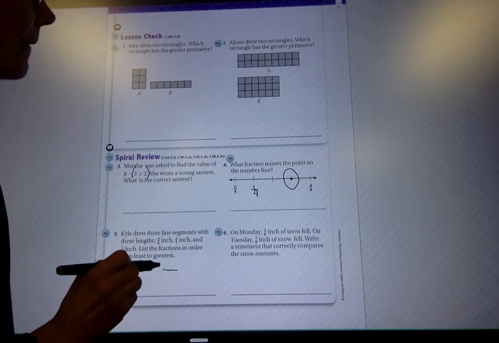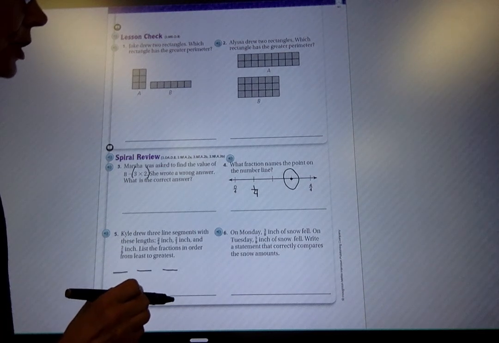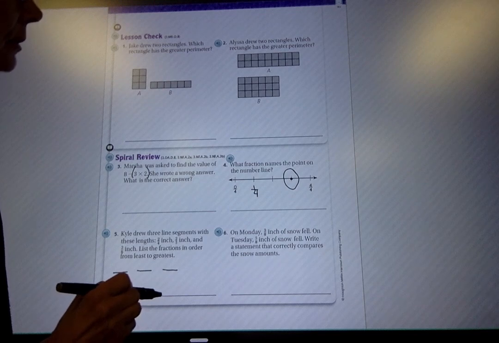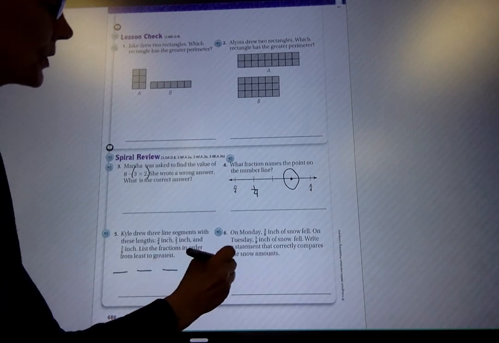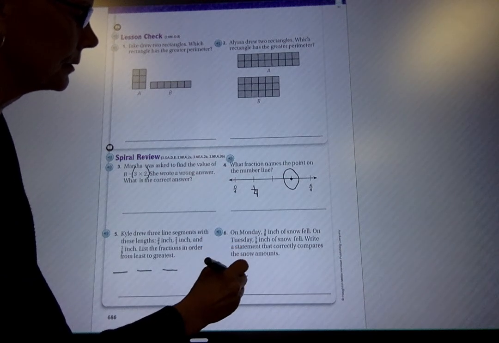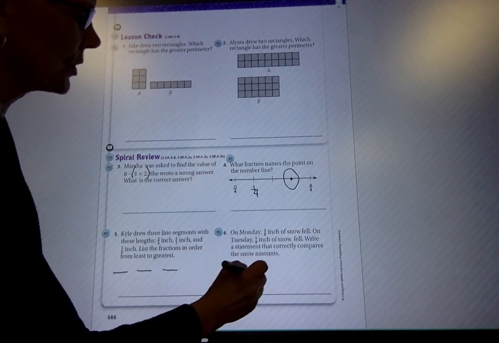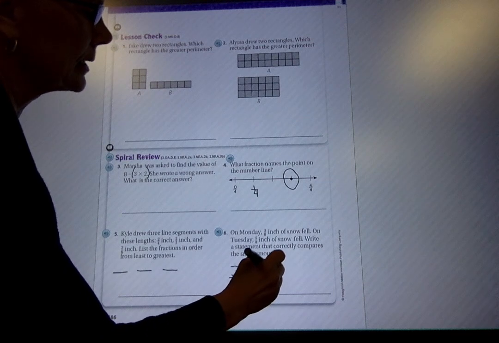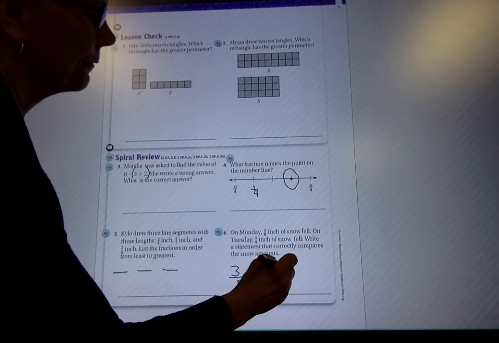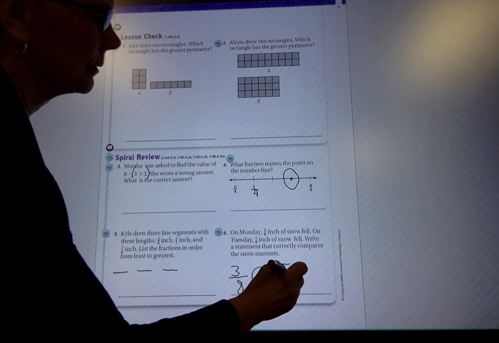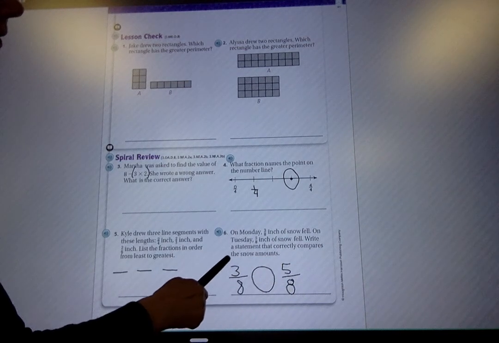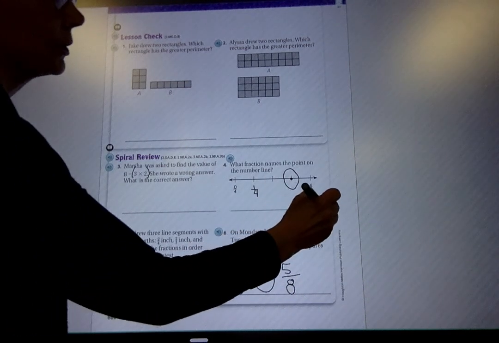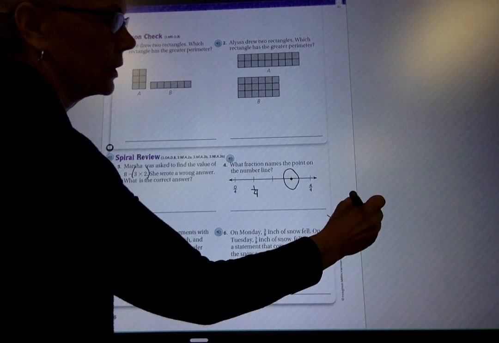On Tuesday, 5/8 inch of snow fell. Write a statement that correctly compares the snow amounts. So 3/8 of inches of snow is greater than, less than, or equal to 5/8. This time our denominators are the same, so we're just comparing our top numbers, and you'll use your greater than, less than, or equal sign.